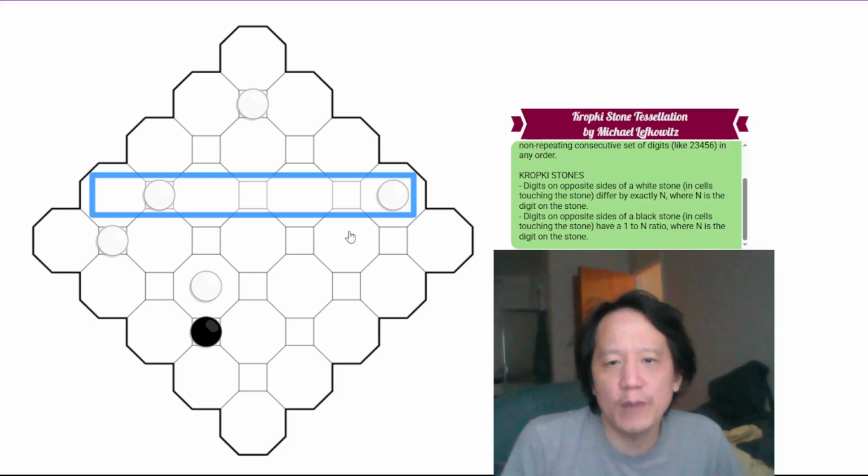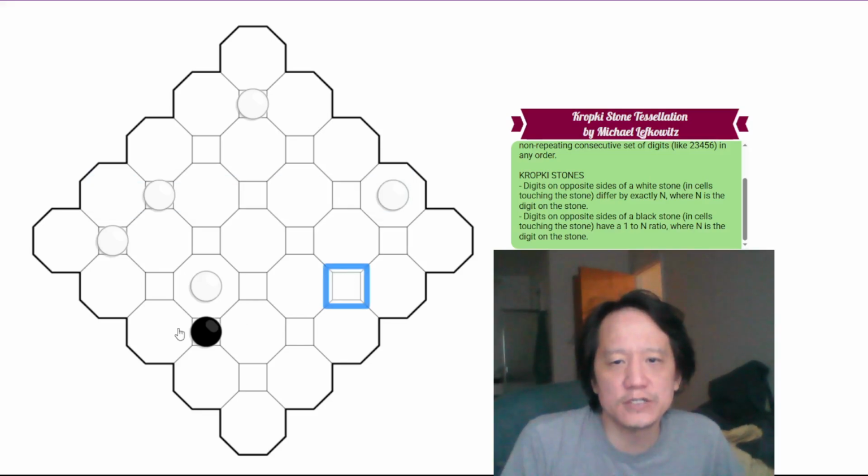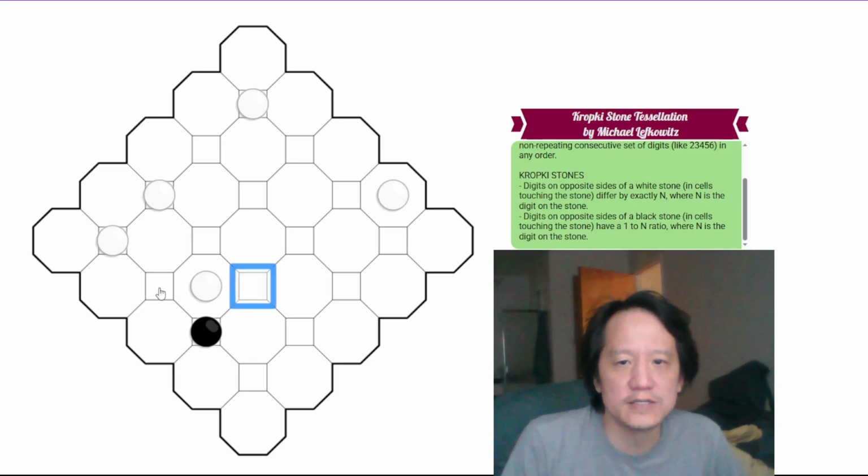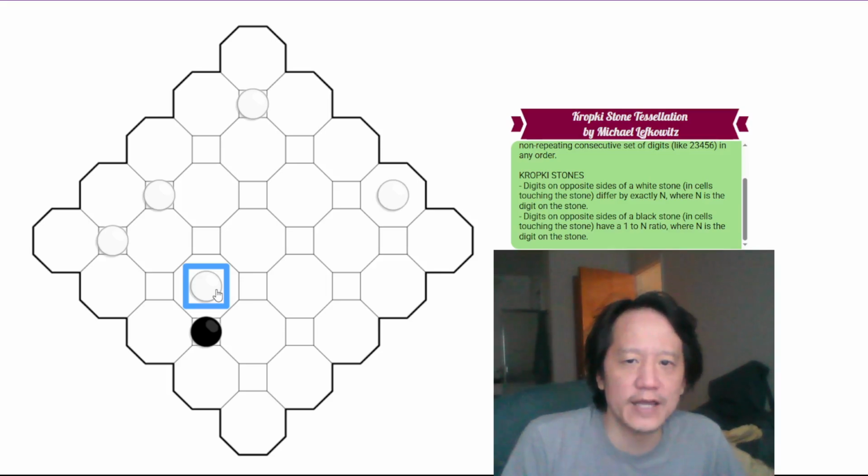We have Kropki stones, where digits on opposite sides of a white stone, in cells touching the stone, differ by exactly n, where n is a digit on the stone. And digits on opposite sides of a black stone, in cells touching the stone, have a 1 to n ratio, where n is a digit on the stone.